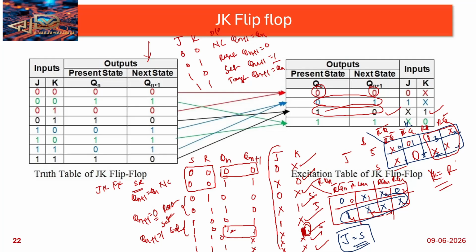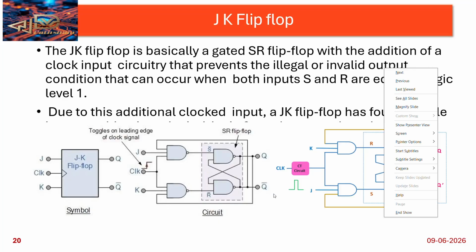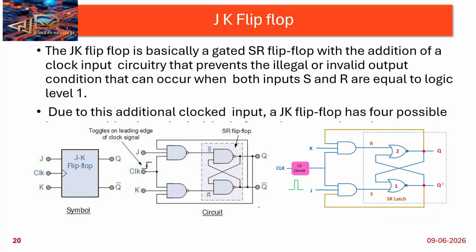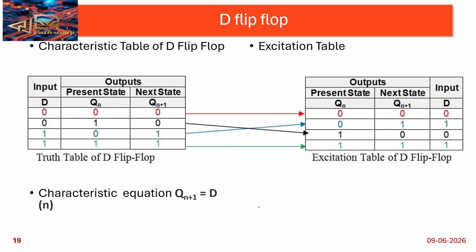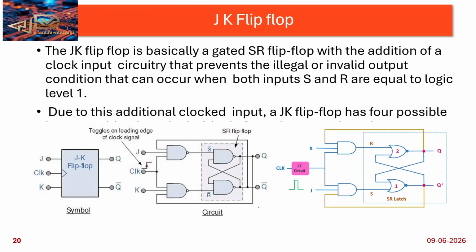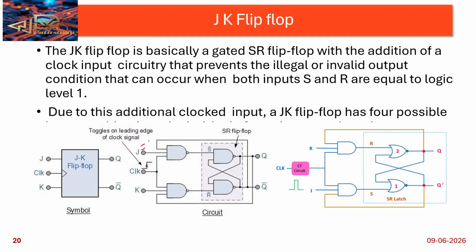So have you seen how this JK flip flop is connected? See, this is the SR flip flop. S will be connected to the JK flip flop. How can I convert this? Yes, J equal to S and K equal to R. This is the basic flip flop conversion.